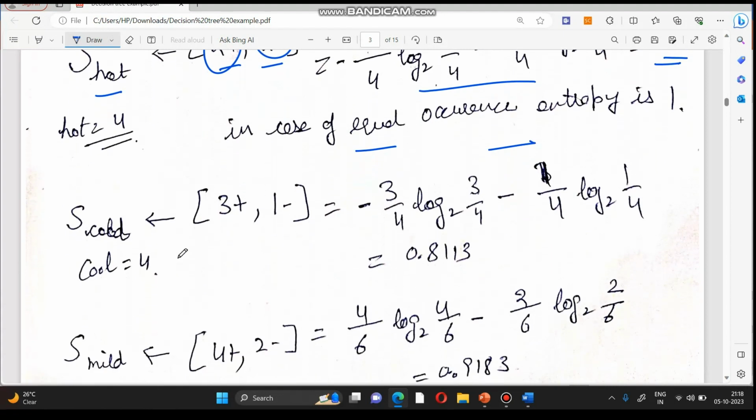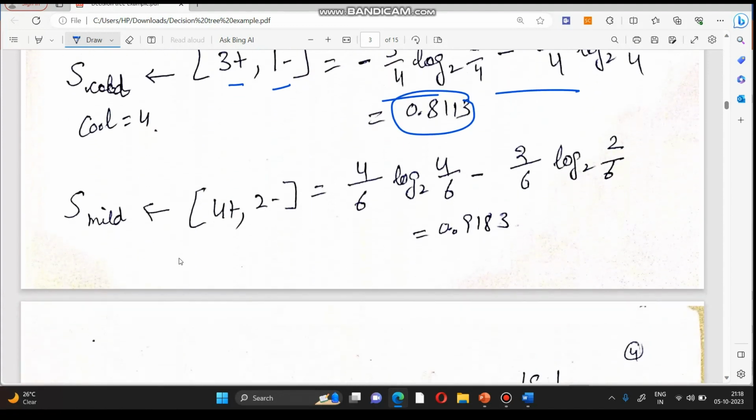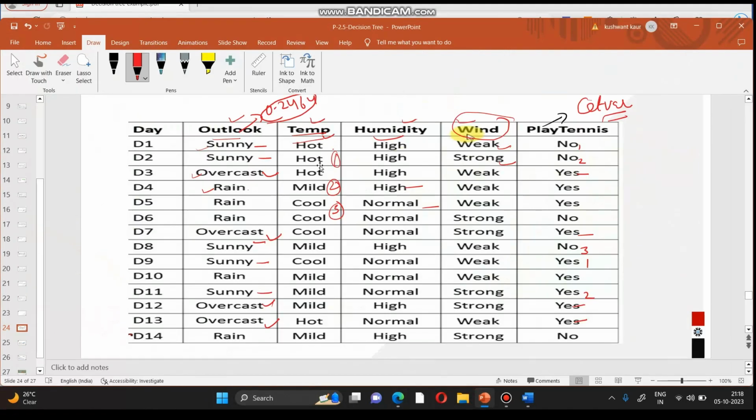Similarly we calculate for S of cold, where 3 plus are there and 1 minus is there. We will put the values in this formula and get the entropy for cold. Similarly for S mild, we will calculate the entropy. Now we have calculated entropy for all 3 values, hot, mild and cold.